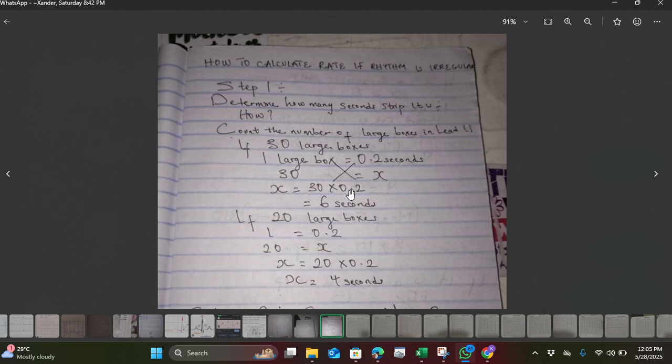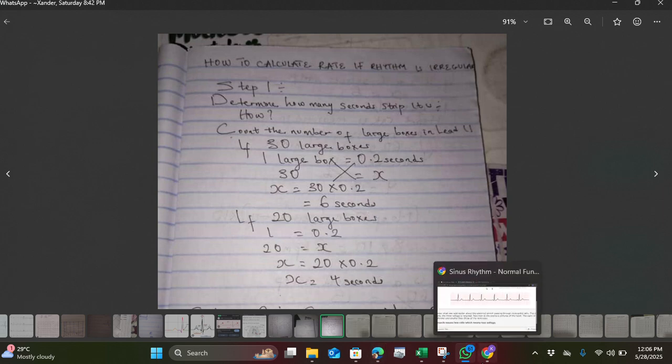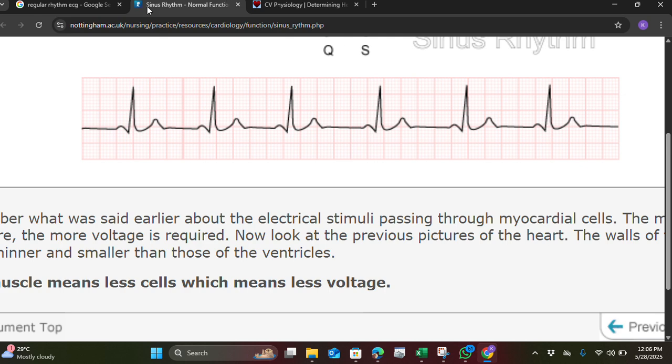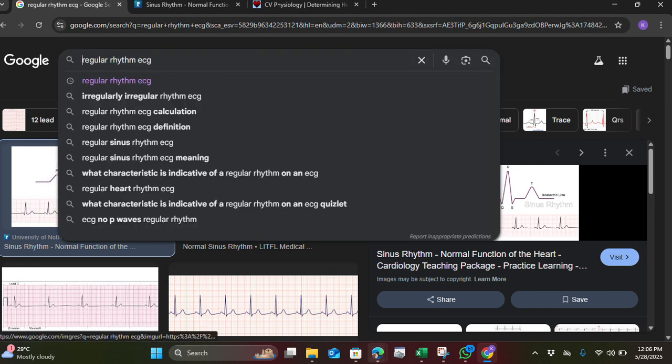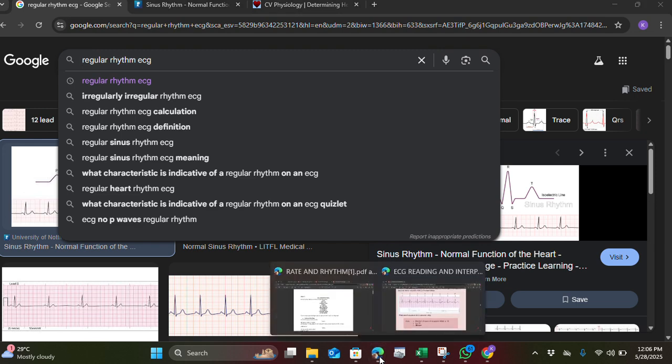So step one is to determine how many seconds the strip is. And how do you do that? You count the number of large boxes from the first to the last. Let's go back here. In fact, let me go and look for the irregular one. The PDF is here.